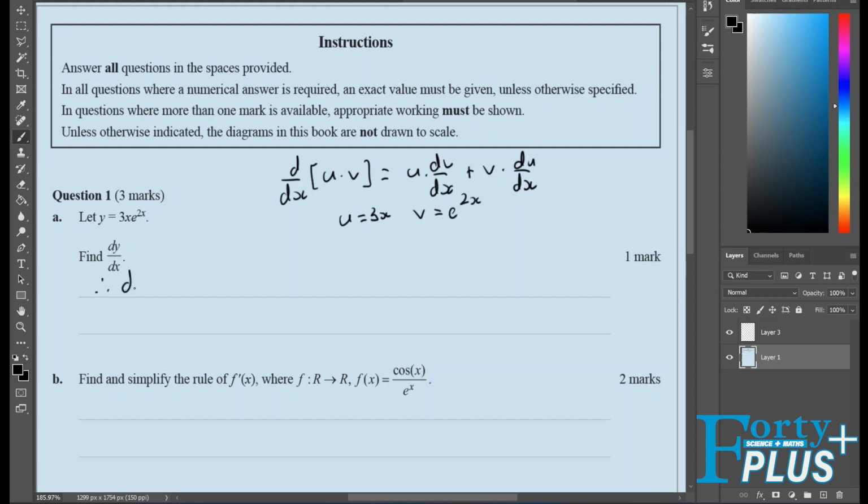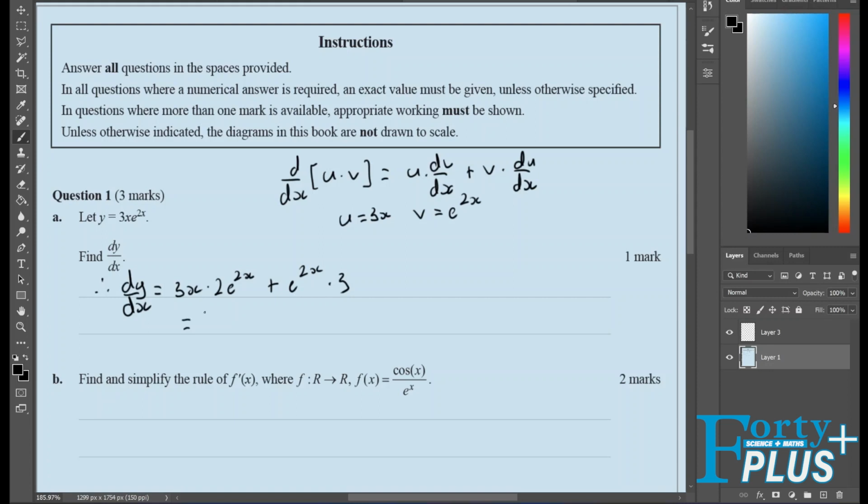So we can say therefore dy/dx equals u, which is 3x, times dv/dx, which is 2e to the 2x, plus v, which is e to the 2x, times du/dx, which is just 3.